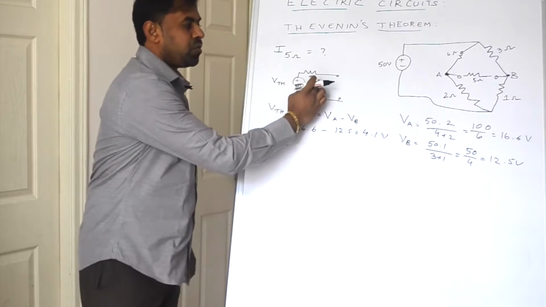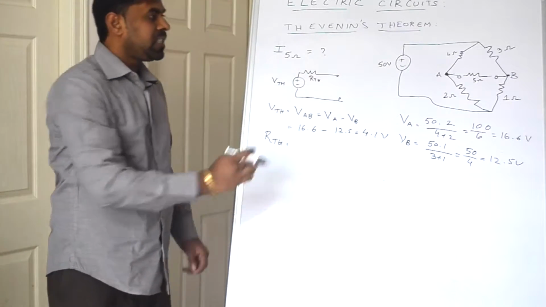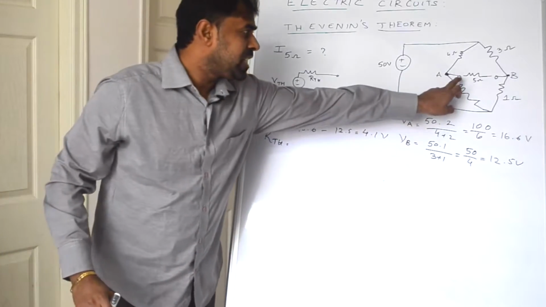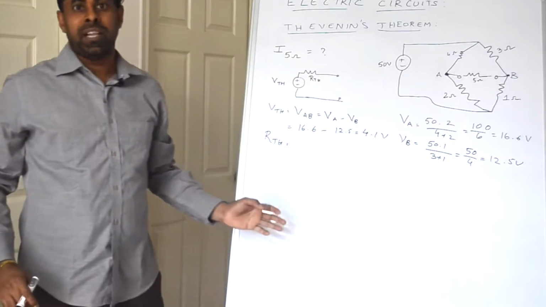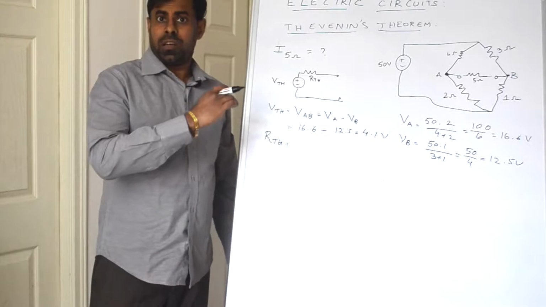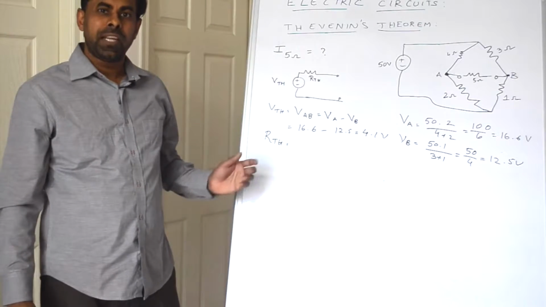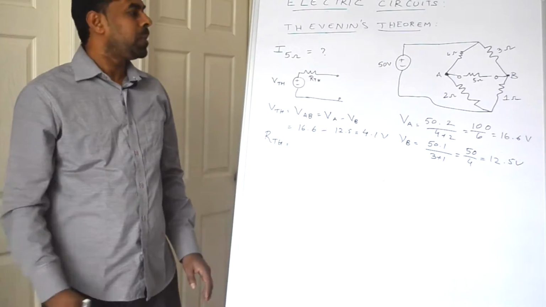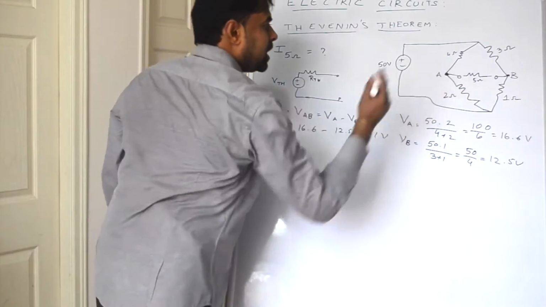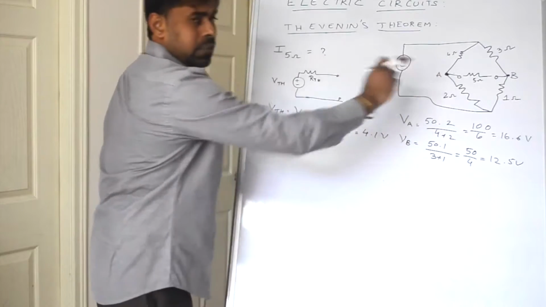Next, our interest is to find R Thevenin. R Thevenin is nothing but the equivalent resistance across the open circuit terminals when all the sources are replaced by their internal impedances. That is, voltage sources are made short circuit and current sources are made open circuit. Let us represent this in this circuit.